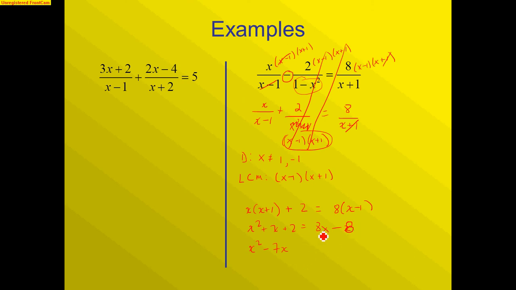X squared minus 7x plus 10 is equal to 0. Mad minute time, x minus 5 and x minus 2 is equal to 0. Therefore, the solution to that quadratic is x is equal to 5 or 2. Check. Are any of them bad x's? Nope. Therefore, the solution to my original problem is both 5 and 2.